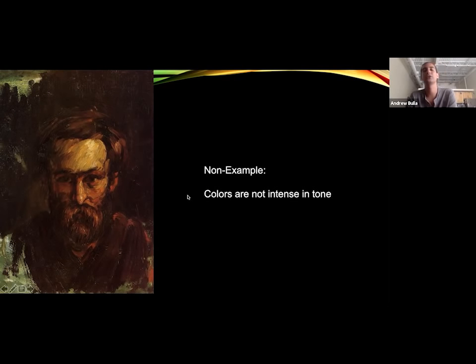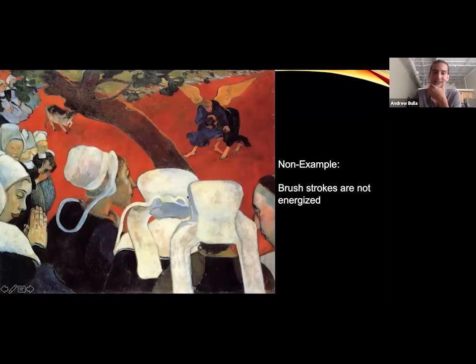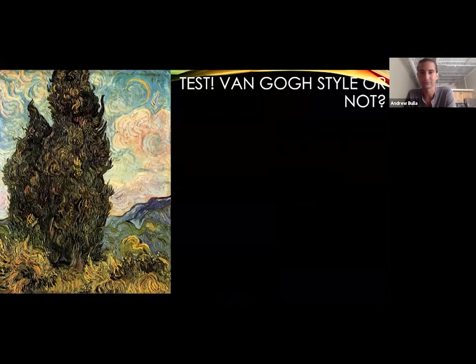However, the colors used are not intense in tone. This is a non-example. So I see those really intense colors. I see dark outlines. However, I don't see the energized brushstrokes. So that's a non-example. So let's see if you can identify whether or not something is Van Gogh style or not.